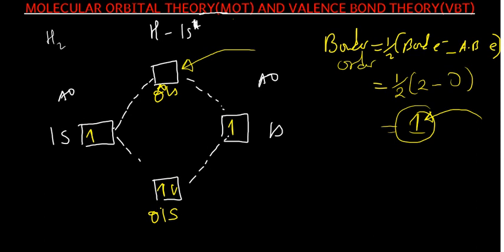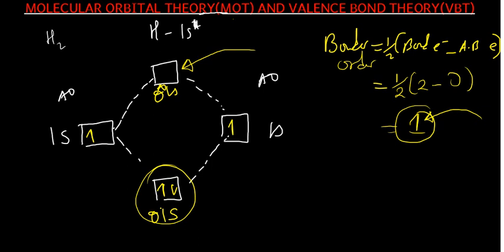Now, if they ask us to determine the magnetic properties, is the hydrogen molecule able to be attracted by magnetism or not? Magnetic properties we talk about, is it paramagnetic or diamagnetic? So you look at the molecular orbitals which have been filled. Is it fully occupied or has it only been occupied by a single electron?